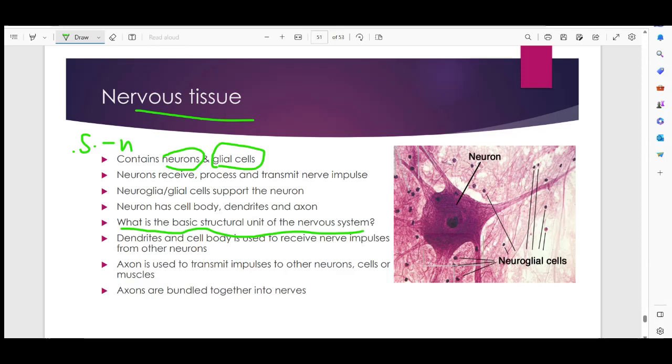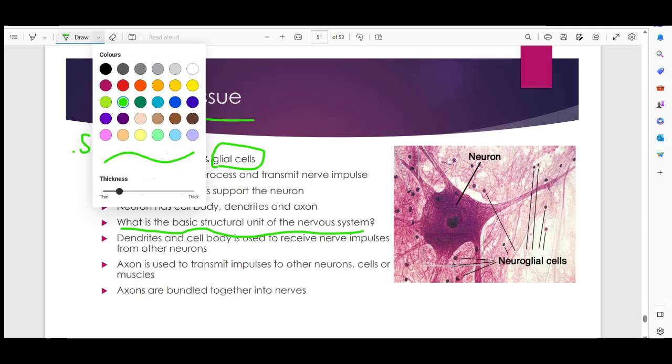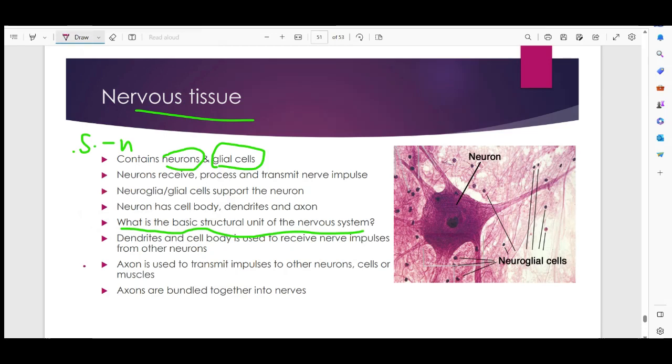So, do you know the functional unit of the nervous system? The structural unit is the neuron, yes. The functional unit of the nervous system is in the coordination part. So it is the reflex arc, which is composed of three neurons.